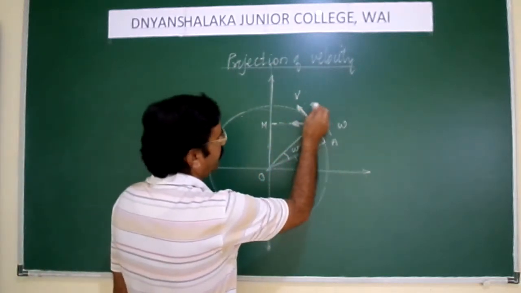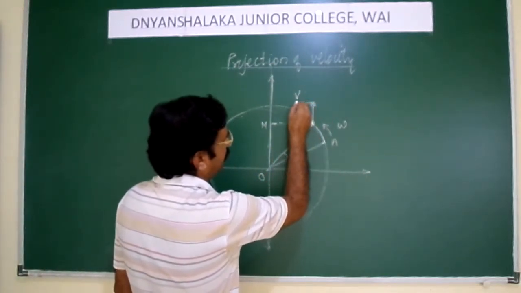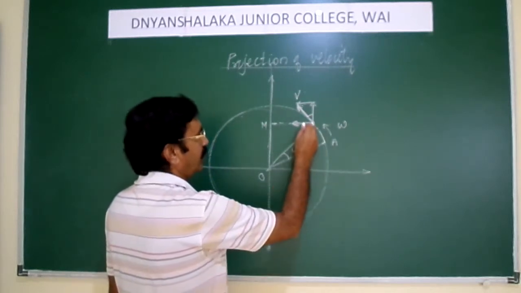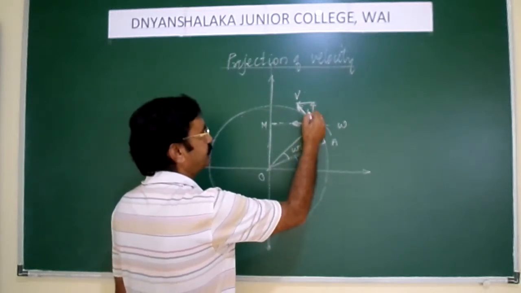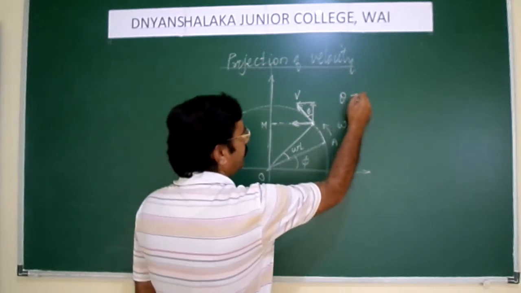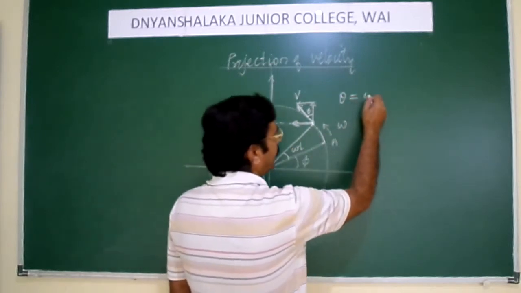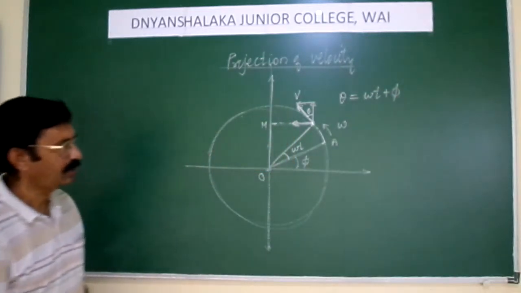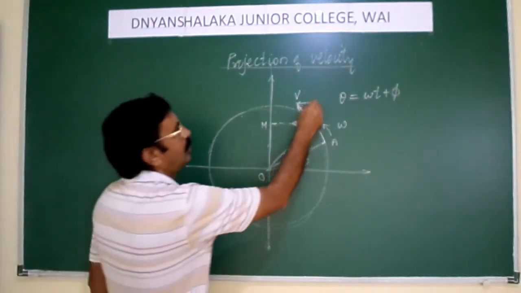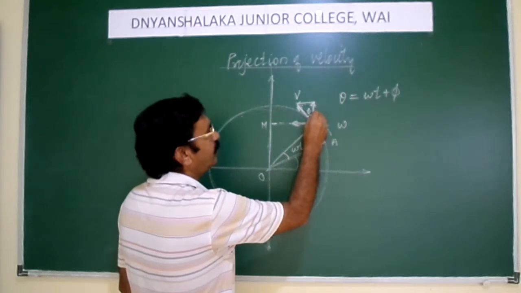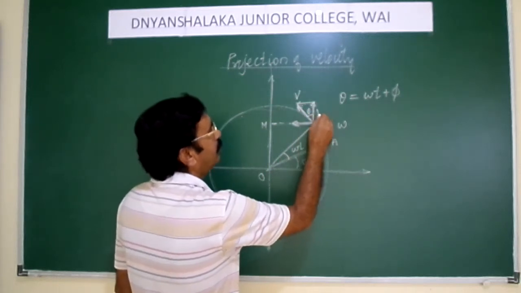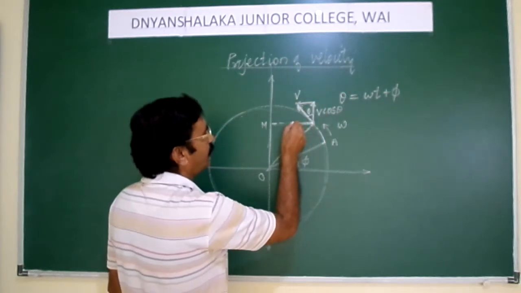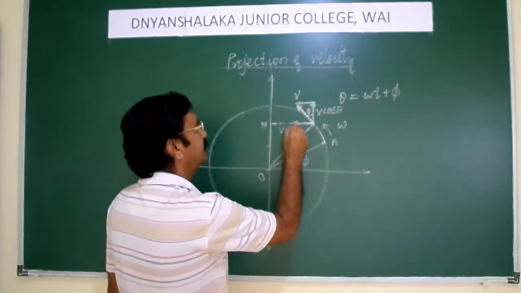And so, resolving this, the angle becomes equal to the angle theta, where theta is equal to omega t plus phi. So this component will be v cos theta, and this component will be v sin theta.